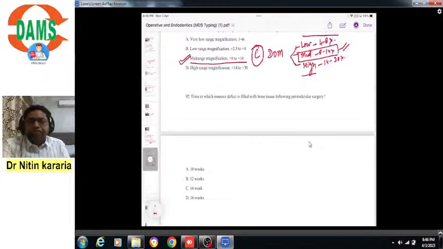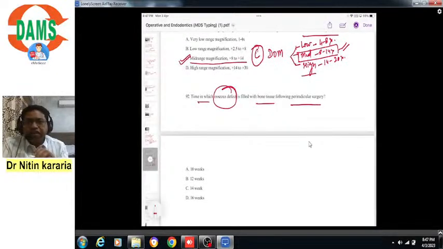The time in which the osseous defect is filled with bone tissue following periradicular surgery. Most of the time we do periradicular surgery whenever there is a resorptive defect in the periapical bone. So it is asking what is the time in which an osseous defect is filled with bone tissue following periradicular surgery.